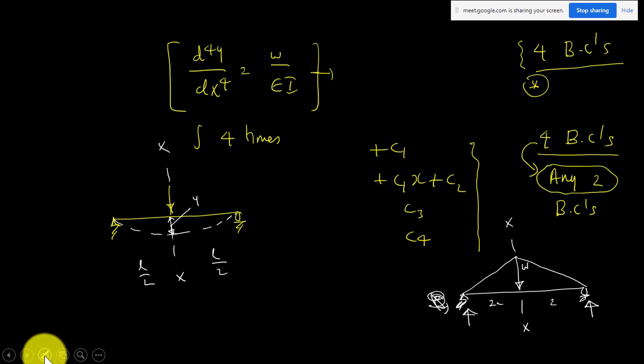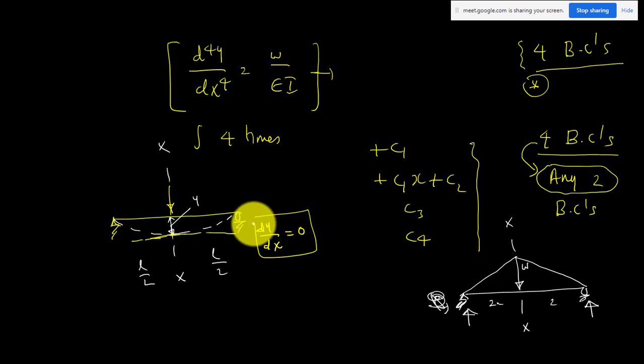So if the deflection is maximum at the center, you can get another condition that you can use in this problem. If you draw a tangent at this point, the tangent will be horizontal. That means the slope of the tangent will be 0.